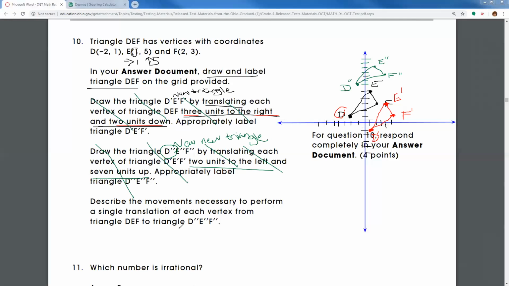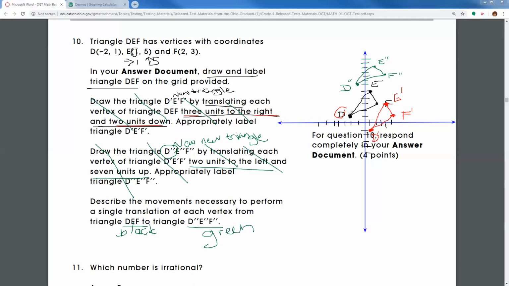Okay. So then the last question. Describe the movements necessary to perform a single translation of each vertex from triangle DEF to triangle D double prime, E double prime, F double prime. That's saying if you did start at the black, this triangle is black, and you ended at the green, how would you do that?